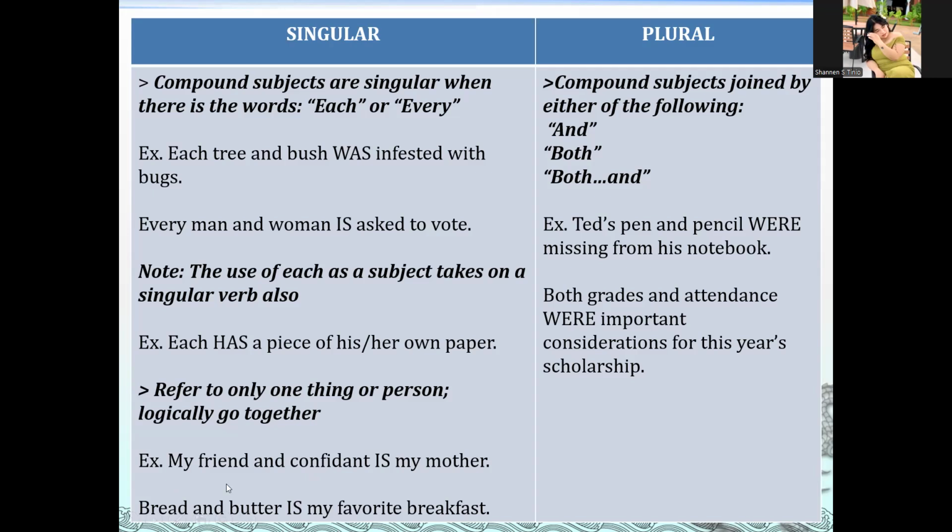Alam niyo ba tong expression na bread and butter? Our family business is our bread and butter. It means it's our source of income. It's what makes us rich and survive, ganon. Survive on a daily basis because that's our main source of income.